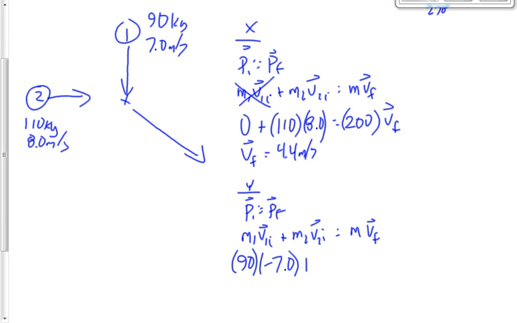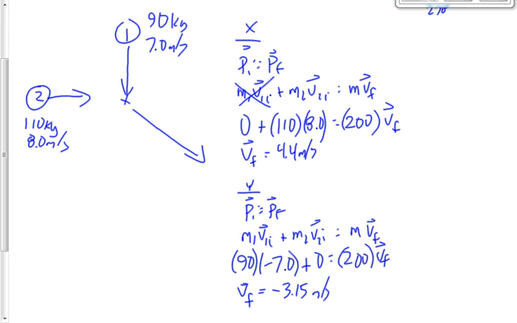What's M2? 110. What's V2I? Yeah, 0, because we're now dealing with the y-axis, not the x-axis. So anything on the x-axis doesn't count anymore. The combined mass is 200 kilograms because there is some motion of both of them after the collision. Solve for VF here. 90 times -7 is -630, divided by 200 is -3.15 meters per second.